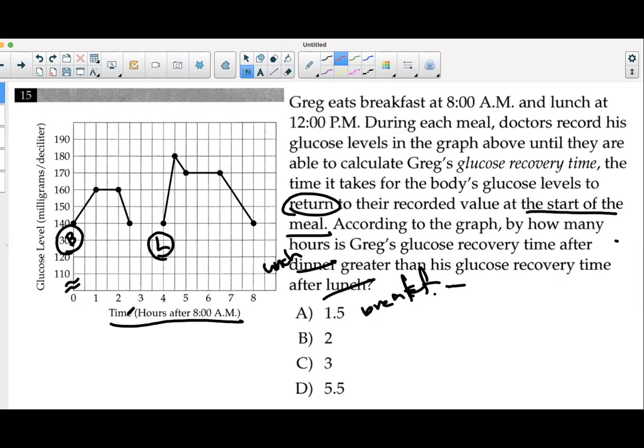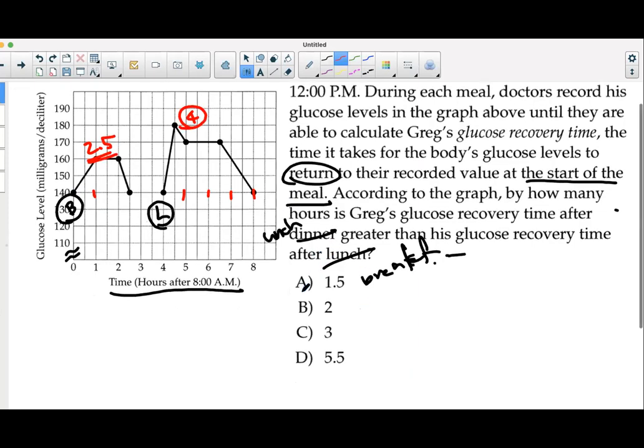So how long did it take for the breakfast? It took 1 hour, 2 hours, 2.5 hours. How about lunch? 1 hour, 2 hours, 3 hours, and then 4 hours. So obviously 4 hours is greater than 2.5 hours by 1.5. So that's basically what we can do.